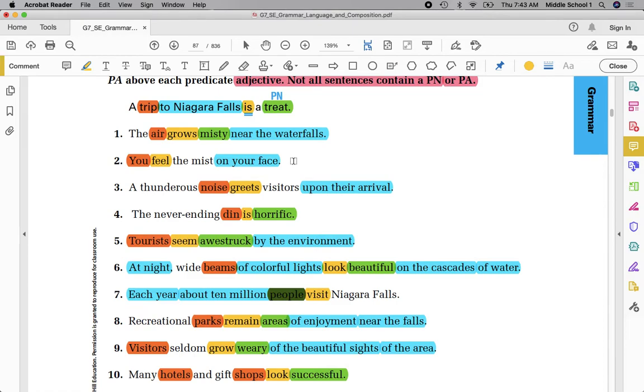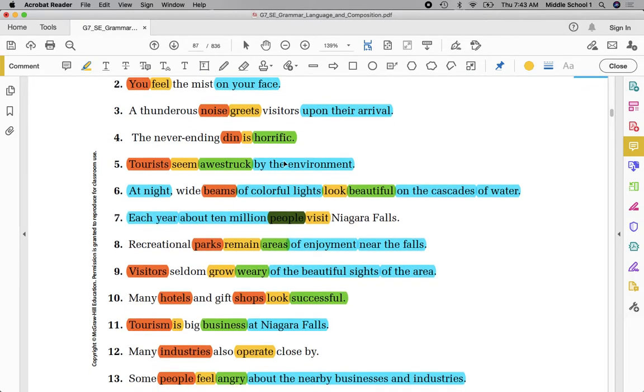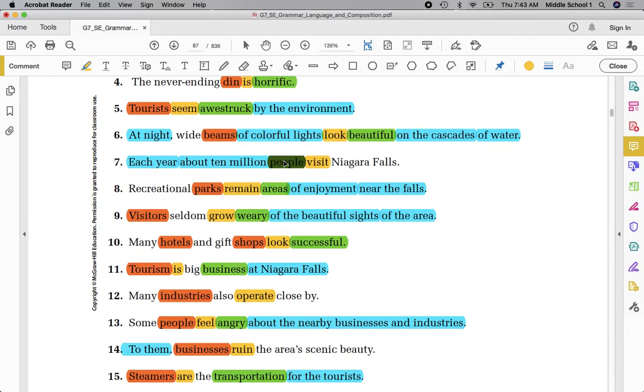Obviously, they all will have a subject, and many of the sentences have prepositional phrases. Okay, you've got your work completed for today. We were able to go through these 15 sentences and label subject, linking verb, predicate noun or predicate adjective, and prepositional phrase. Again, some of the sentences didn't have them.